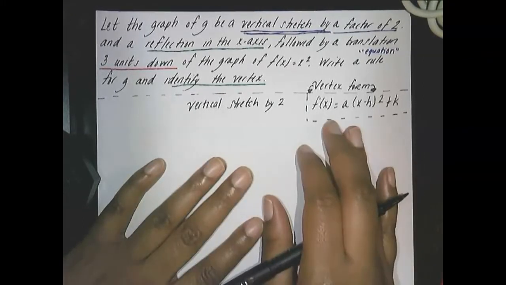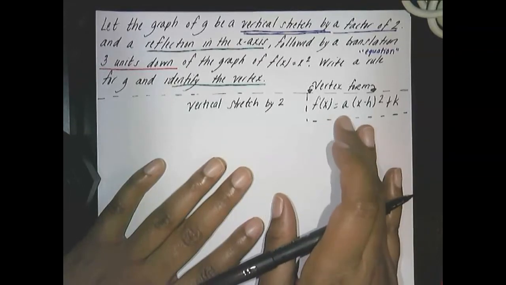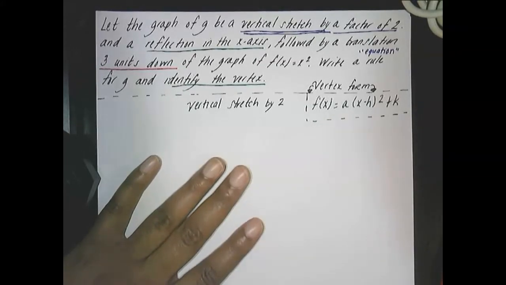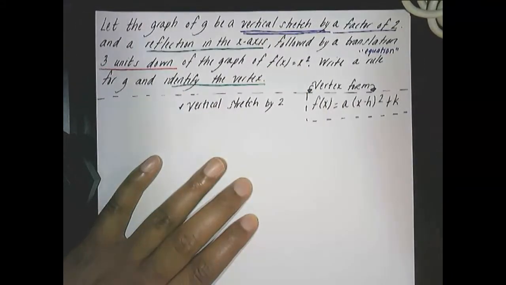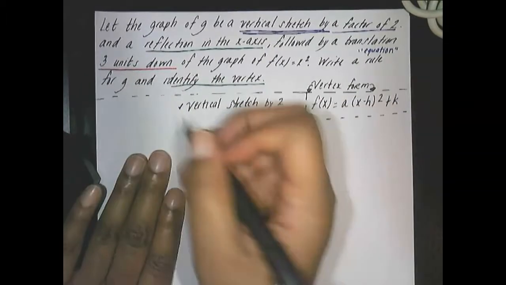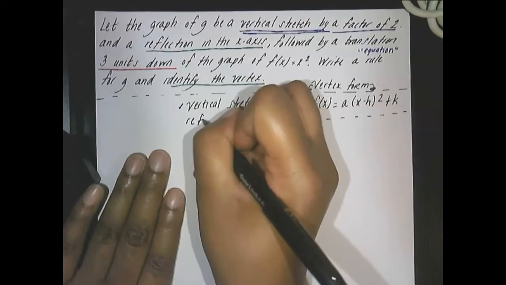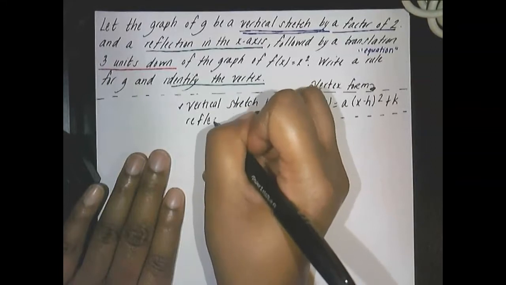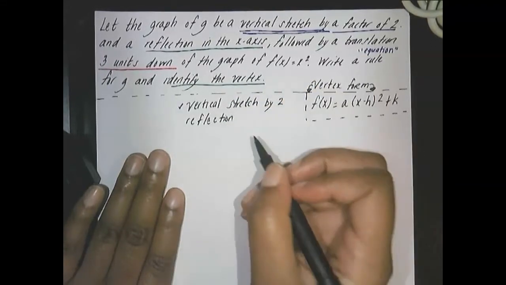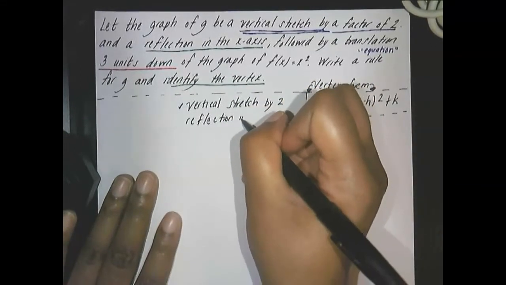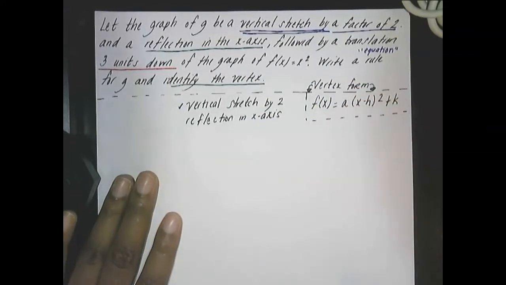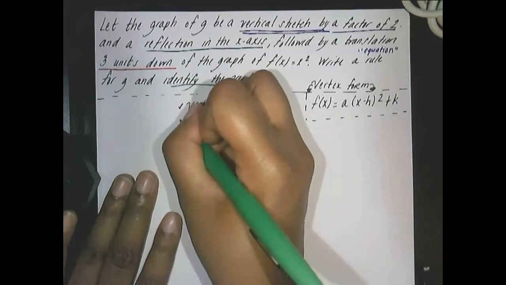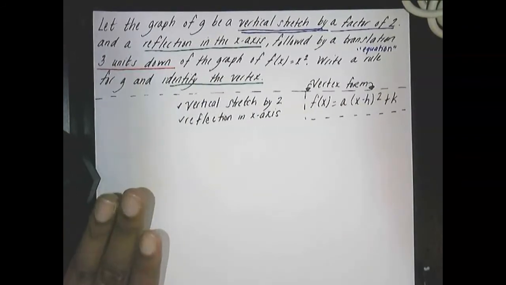We know we have a vertical stretch by 2, and the other thing that we know is that we have a reflection in the x-axis. Both of these can be represented by the a variable.